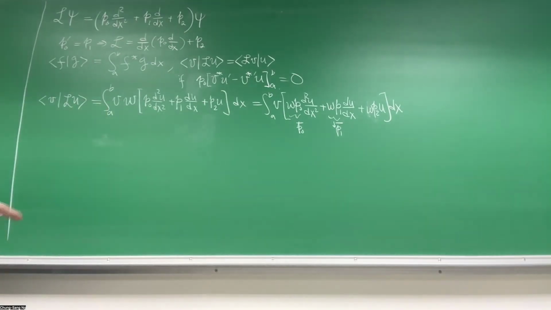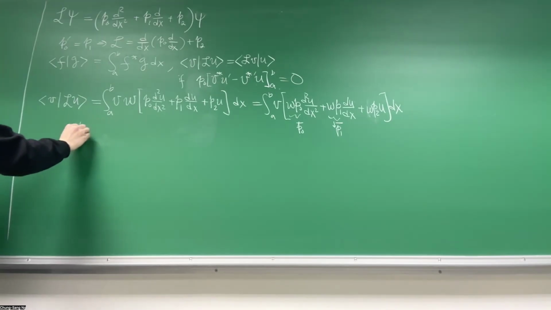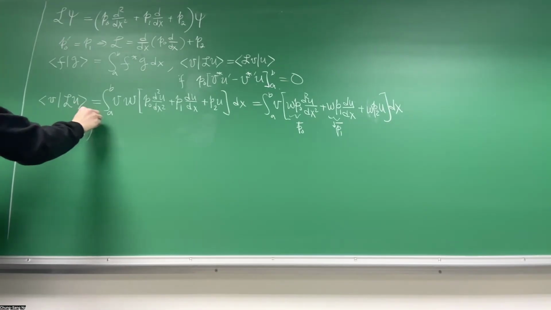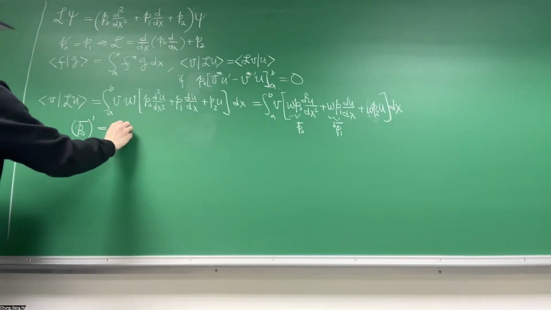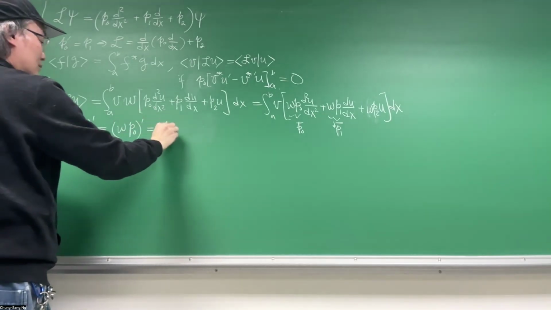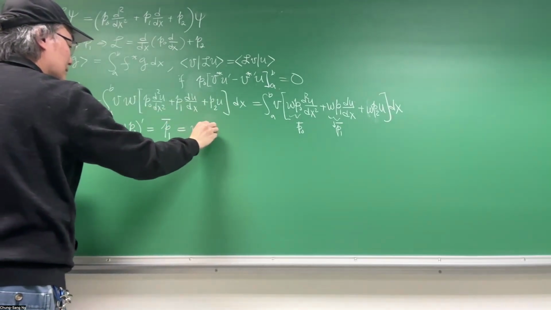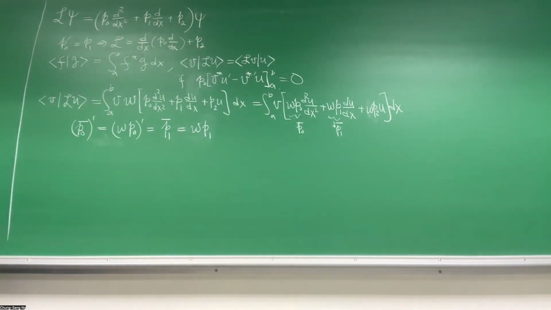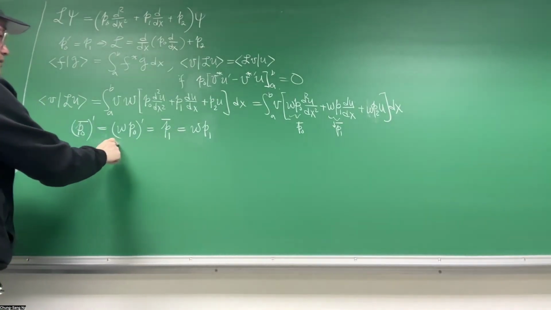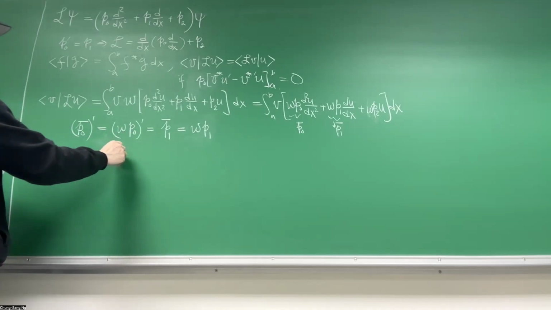Okay. And you require that this P sub 0 bar and P sub 1 bar satisfy the original definition of self-adjoint. So you require that P0 bar prime, which is (W P sub 0) prime, equals P sub 1 bar, which is W P sub 1. Right. And now this is a differential equation for W. You can work that out.